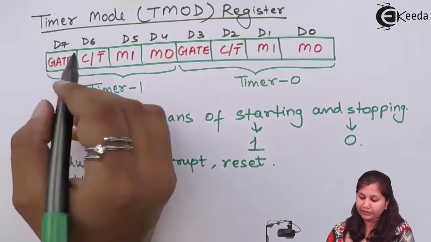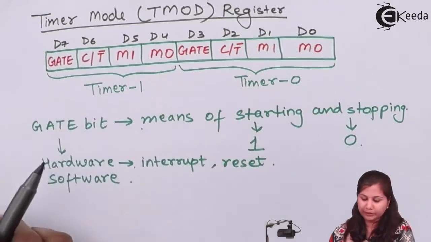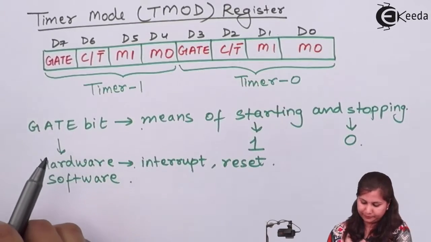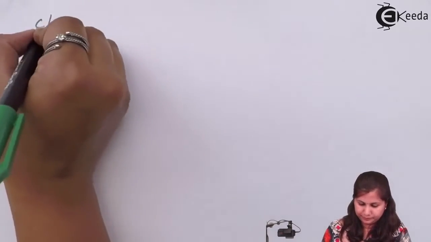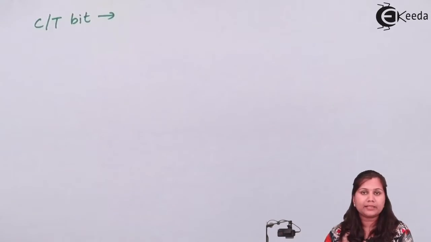The next bit we have in these two sections is the counter and timer bit. This bit is used to decide whether the timers will operate as a counter or as a timer.